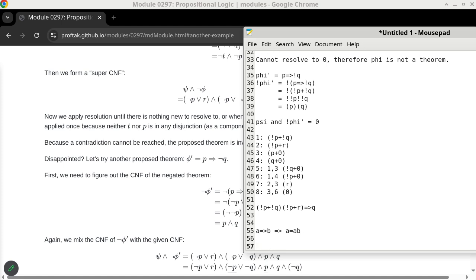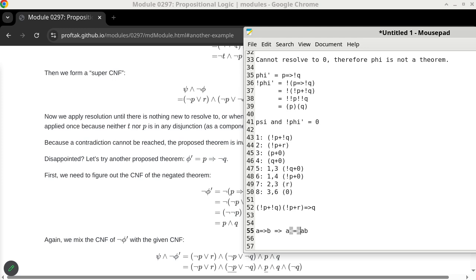A implies B implies A equals AB. All right. So let's check this out. This is my claim. My claim claims that if A implies B, then A is true if and only if AB is true.